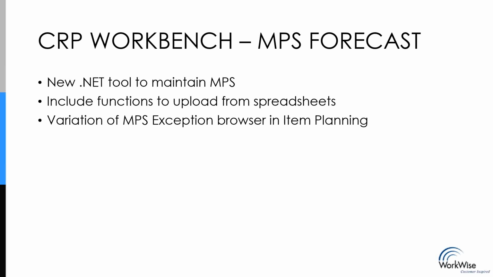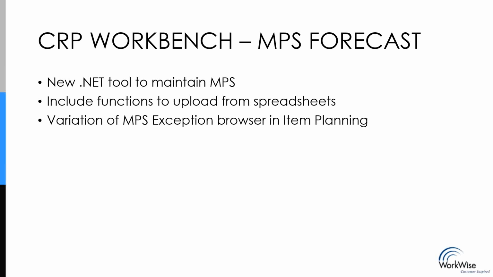MRP has very similar capabilities to master schedule, except MRP is for dependent demand type items. So MRP would be for a sub-assembly that is part of a finished good that gets forecasted, and then the forecast is exploded through the bill of material, and there might be multiple levels of sub-assemblies, and that goes all the way down to purchased items.